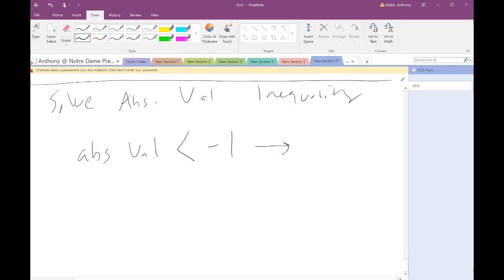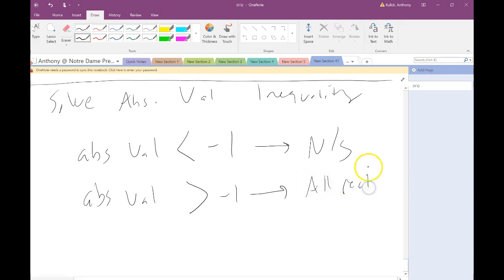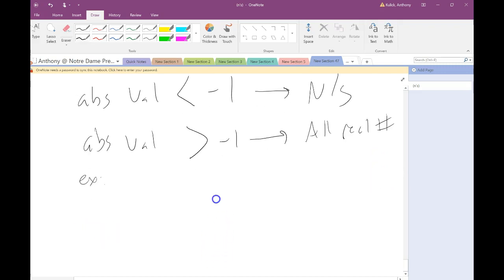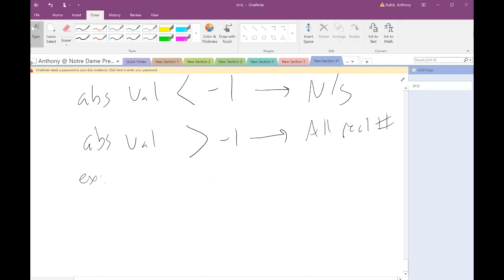No, absolute values are always greater than or equal to 0, so this always has no solution. If I have an absolute value that's greater than a negative, well, absolute values are always greater than or equal to 0, so they're always going to be greater than a negative, so that would be all real numbers.